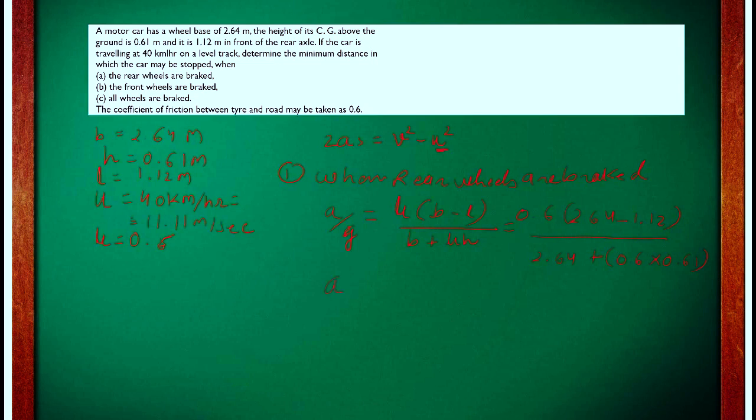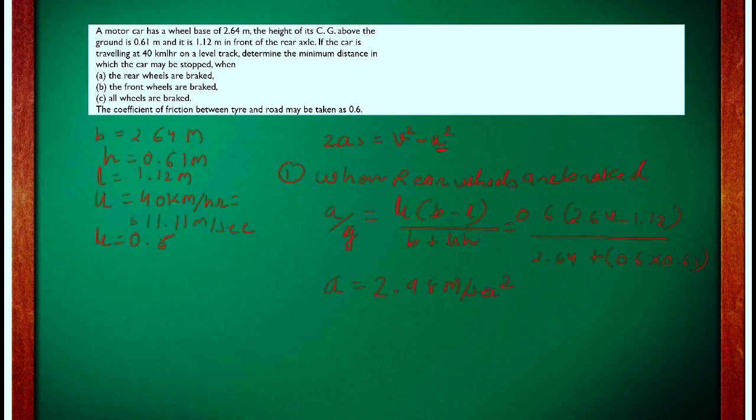So ultimately acceleration a, with g the gravitational pull, when our rear wheels are braked, is 2.98 meters per second square.